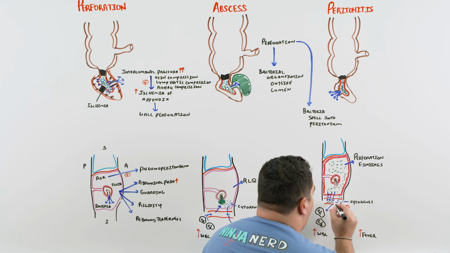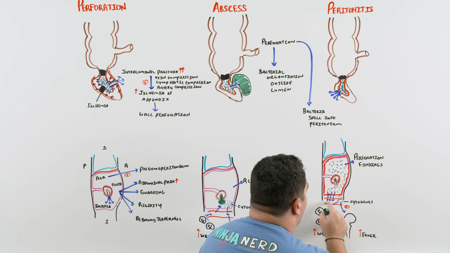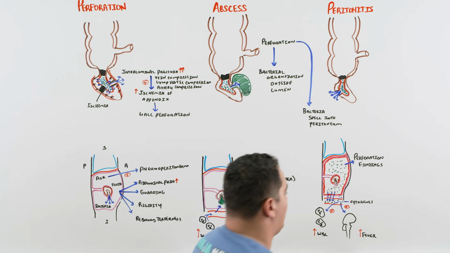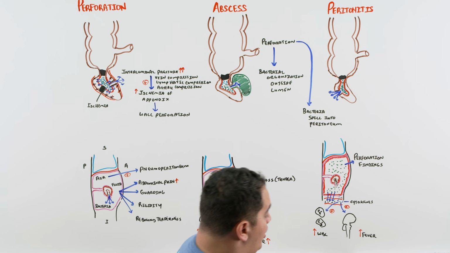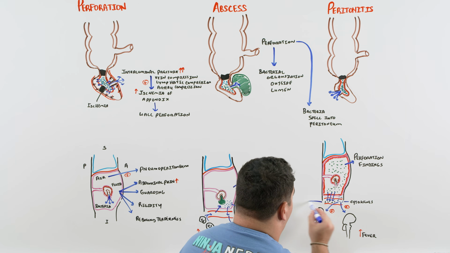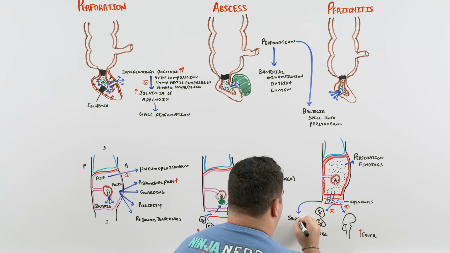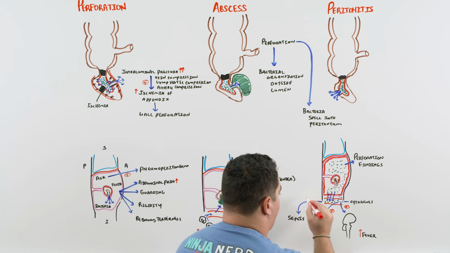And that bacteremia could potentially lead to a systemic infection. And so that's where you really want to be careful of, because if this bacteria gets into the bloodstream, it can precipitate a patient developing sepsis. So the last thing that you want to watch out for here is potential increased risk of sepsis if the bacteria do leak into the bloodstream.